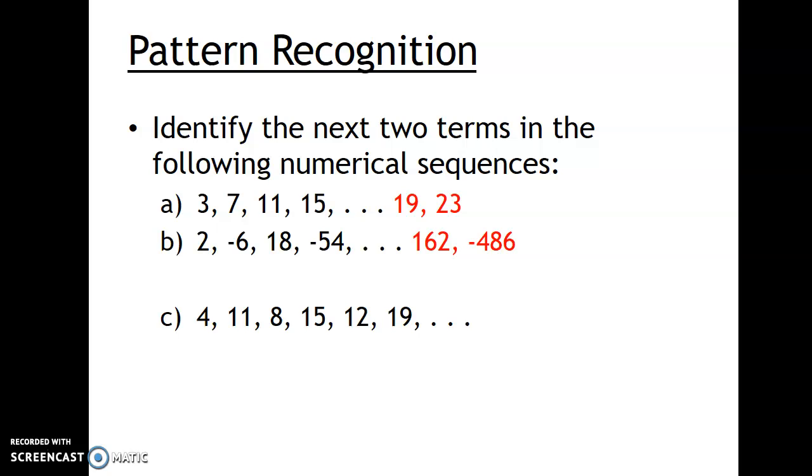This third sequence is a little bit different because, again, they're not always increasing. But you can kind of imagine what's happening. There's two different ways I can imagine someone looking at this. The way I see it most of the time is students see the 4 and the 11, so we added 7. Well, then we have to subtract 3 to get to 8.